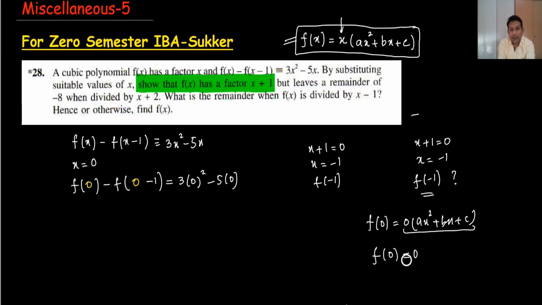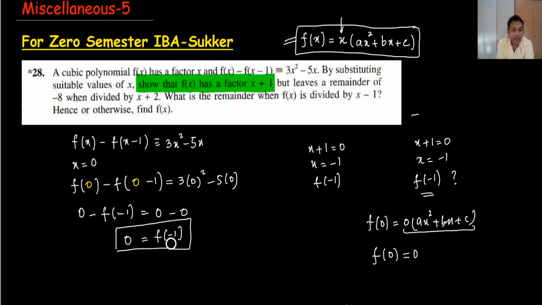We have already done f of 0, which is 0 because of this condition. So this is 0 minus f of minus 1, and the right side is only minus 0. Making it positive by shifting to the right hand side, it's proved that f of minus 1 is 0.